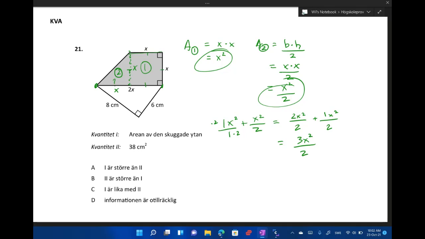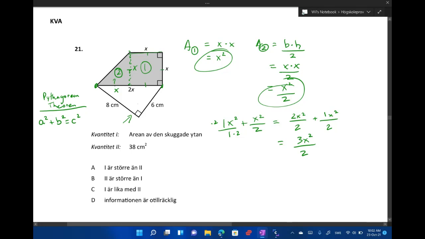Now we need to know, how do we find x? It's pretty clear. When we see a right triangle that has one 90-degree angle, we should think right away of the Pythagorean theorem. This is the relationship between the three sides of a right triangle. We have a squared plus b squared equals c squared.